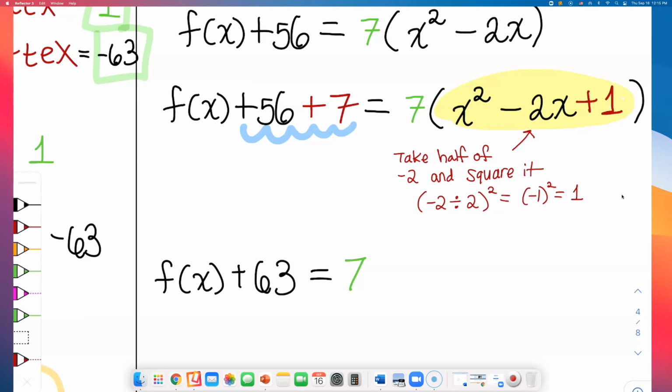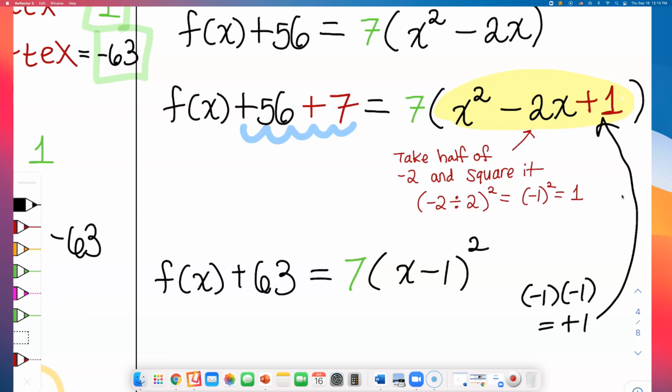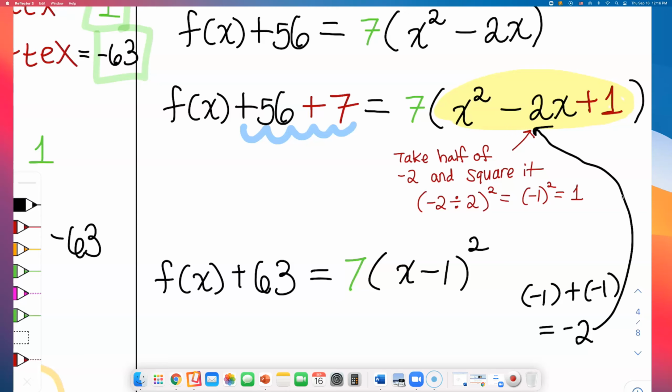Which we can factor into x minus 1 squared. Let's see why. Because negative 1 times negative 1 is positive 1. That matches that. And negative 1 plus negative 1 is negative 2. And that matches this middle term. So we did factor it perfectly.